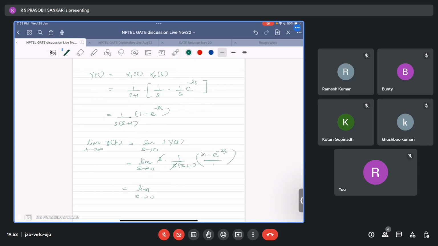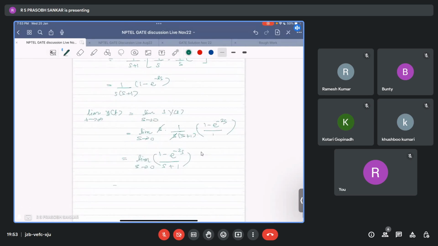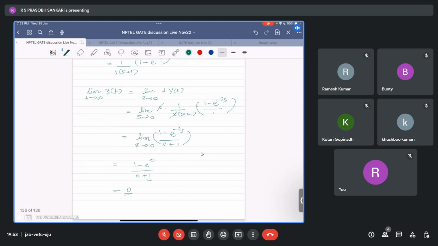Limit of s going to 0 of 1 minus e raised to minus 2s by s plus 1. If you substitute, it is 1 minus e raised to 0 by 0 plus 1. Denominator is 1 and numerator is 1 minus 1. So the final value is 0. Any doubts?